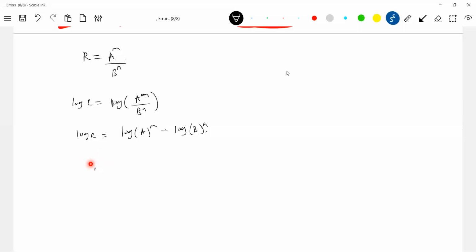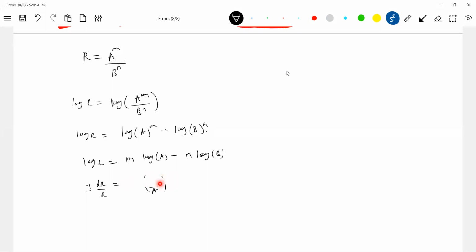So differentiating, dR by R equals m dA by A plus or minus n dB by B. A negative sign is there, no?